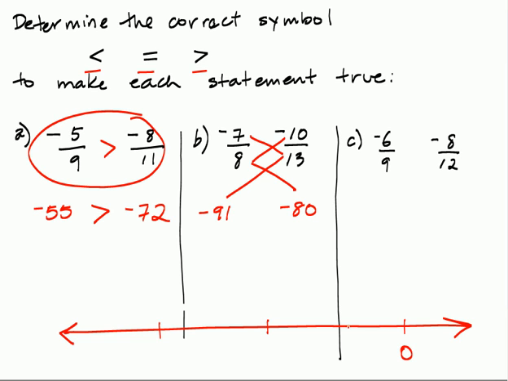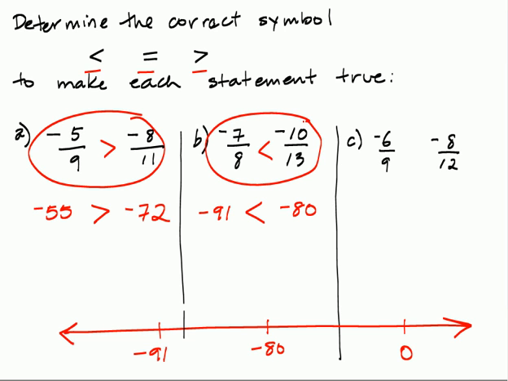So if we go from 0 down this way, which one are we going to come to first? Yeah, we're going to come to -80, and then we will come to -91. So -91 is to the left of -80, so it is less than. So we know, if we clear out this space, that of those 2 fractions, the first one is less than the second one. And we have that one finished.